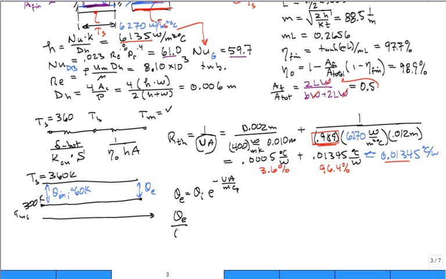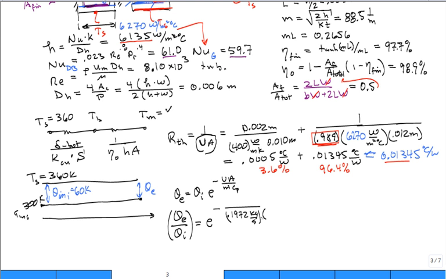Anyway, what I find is the exit theta divided by the inlet theta is equal to, leaving the natural log out, e to the minus, and then we have the mass flow rate, which we calculated somewhere. The mass flow rate down half of the channel is 0.1972 kilograms per second.